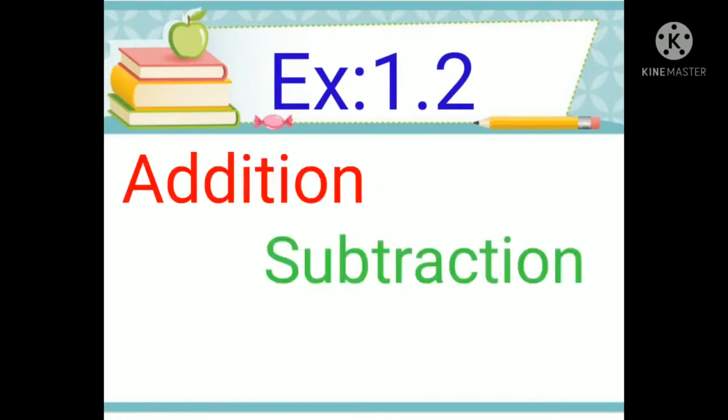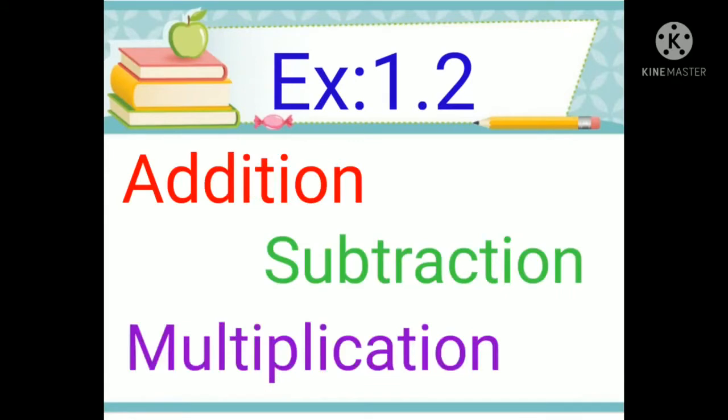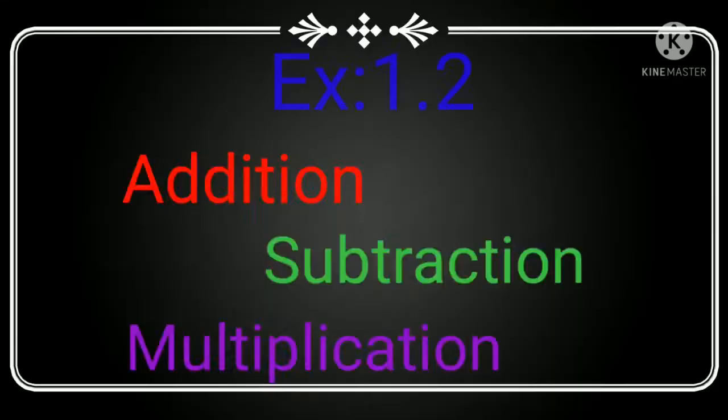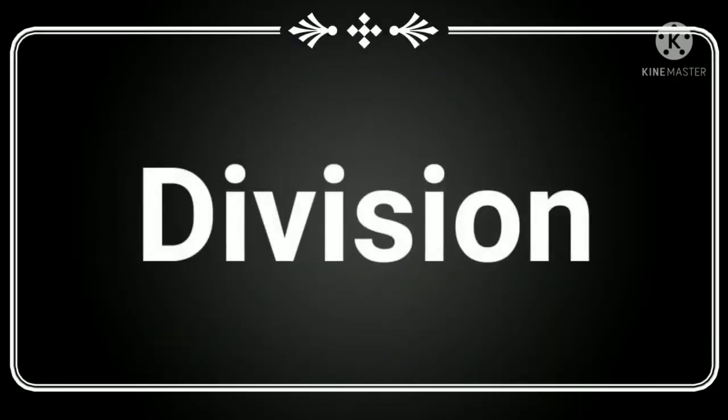Till now, we have seen in exercise 1.2 the problems based on addition, subtraction, and multiplication. Now, we are going to see the problems based on division. How do you identify the problems based on division?